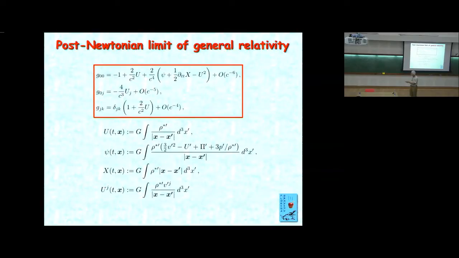It'll appear in G there, although P itself is already post-Newtonian order, so you really can just use the Minkowski metric in that part. And of course, it'll also appear when you need to change from rho to rho star. And the metric appears in that thing too. So you have to stick it in everywhere you think it might be needed. But it's pretty straightforward to do at this order.